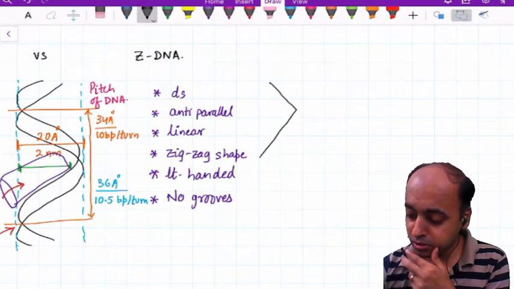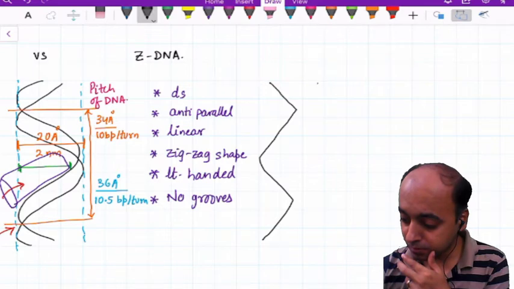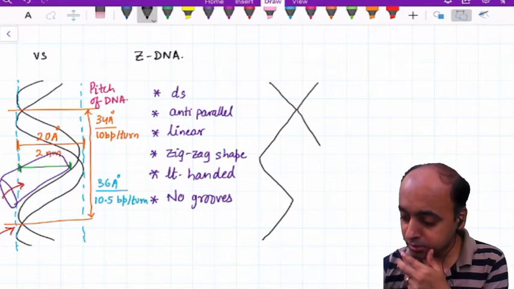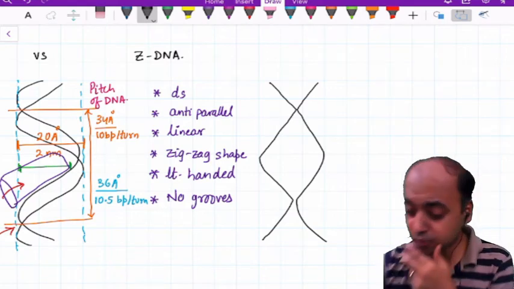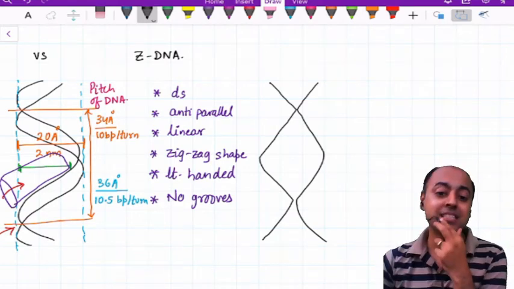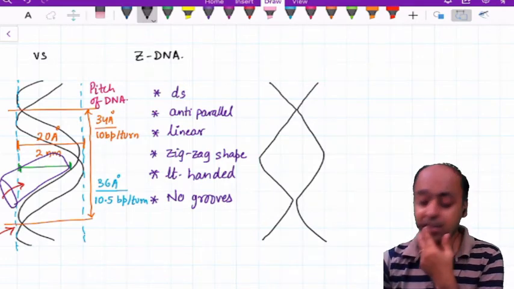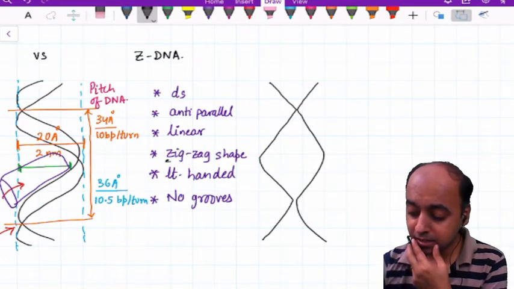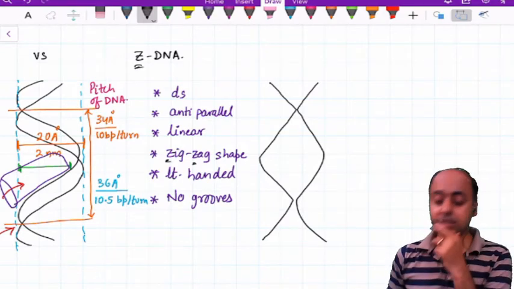We would like to look at the simplified structure of the Z form DNA. The arrangement of the nitrogenous bases is something like this, and this is from where we get the zigzag name. You can see the arrangement is zigzag, and this Z is used to give the name Z DNA, zigzag.